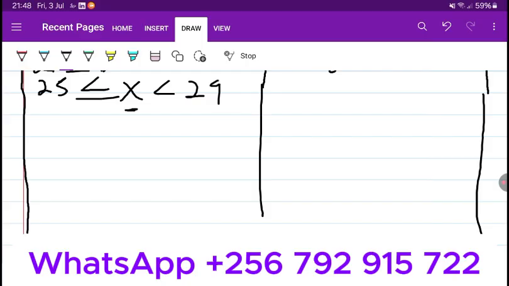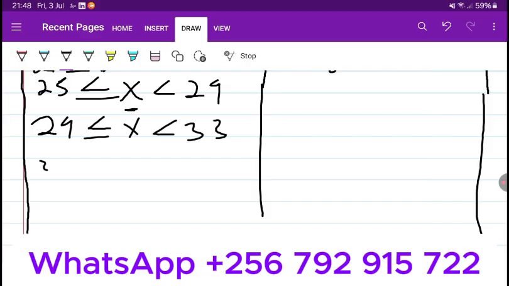Or you can read it 25 less or equal to x less than 29. So this is 29 less or equal to x less than 33.